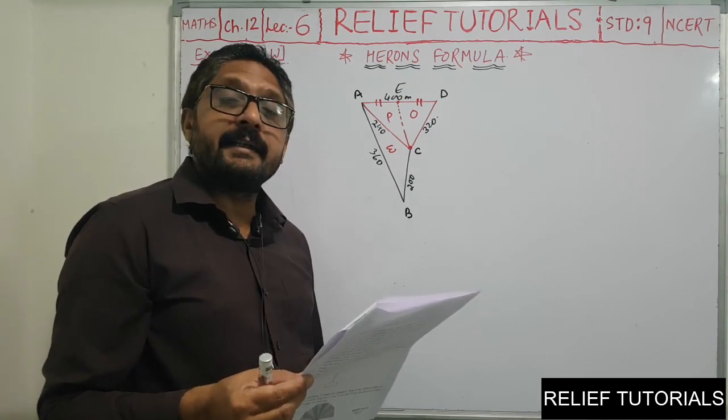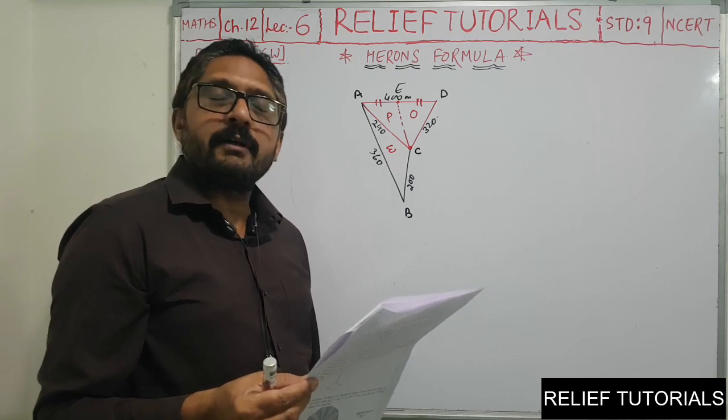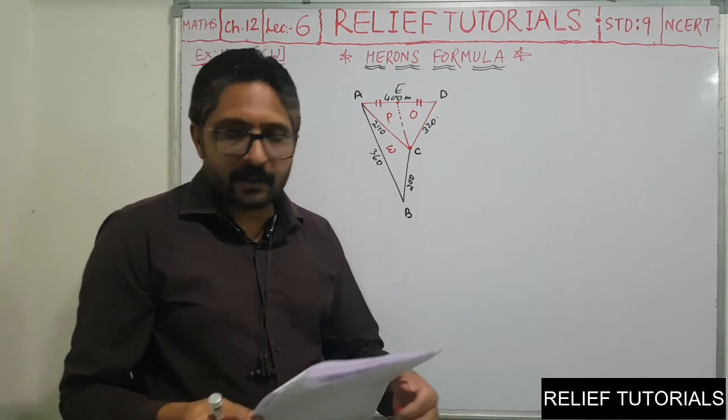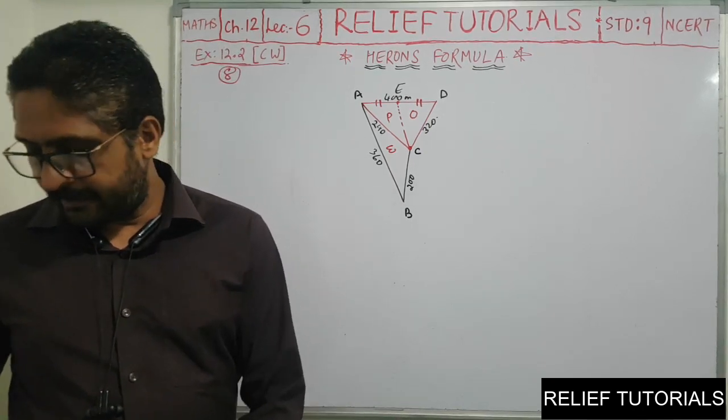How much area in hectares has been used for wheat, potatoes and onion? 1 hectare is equal to 10,000 meter square.